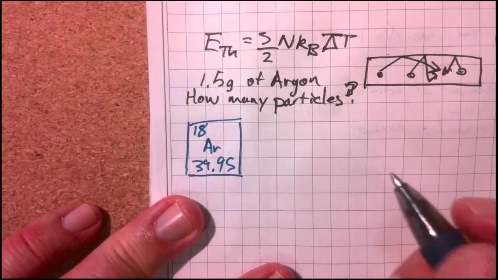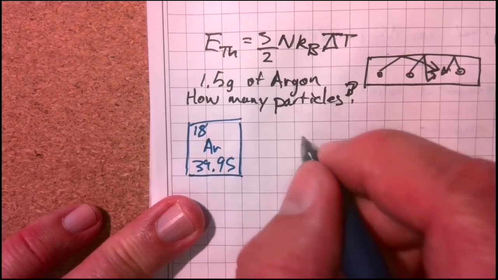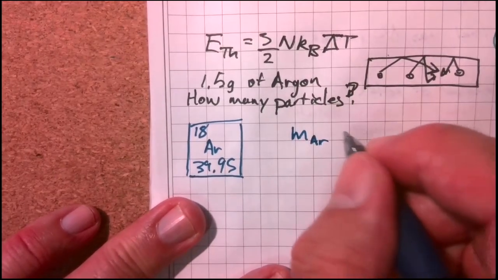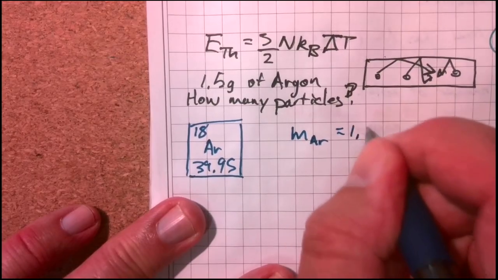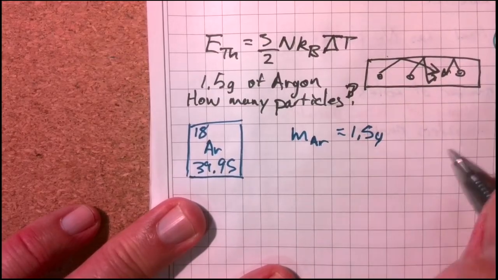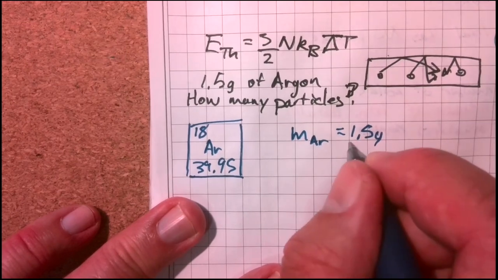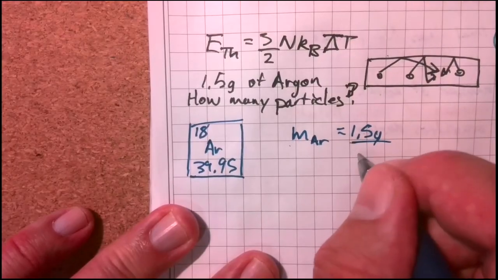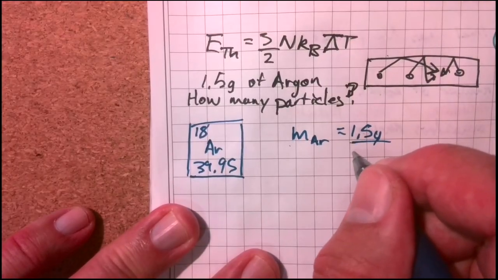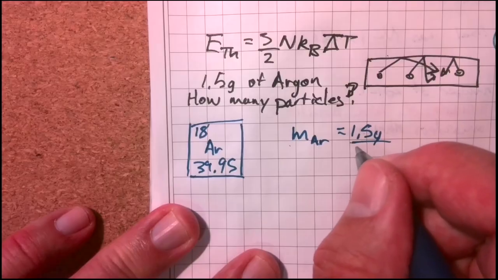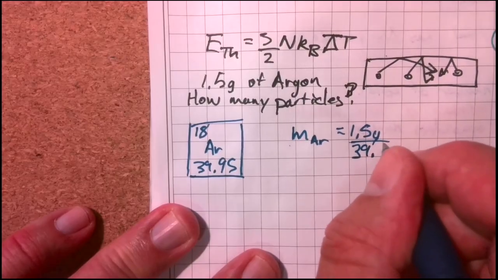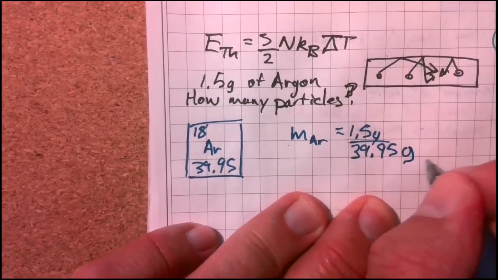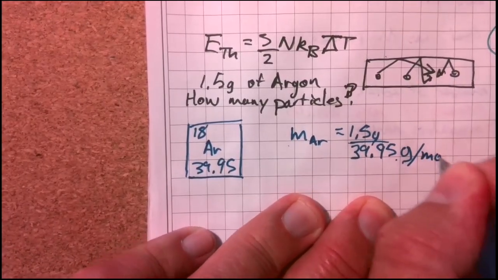So how do we figure out how many moles we have? Here's our mass of argon: we have 1.5 grams. Now we're going to divide this by the molar mass, 39.95 grams per mole.